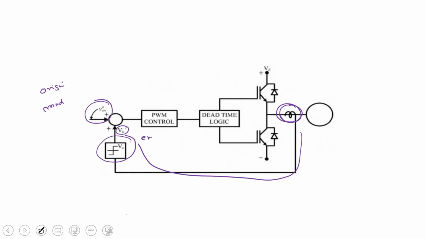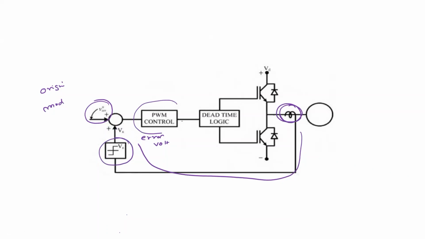This is the error voltage. For positive current, the voltage compensation is positive. For negative current, it will be negative. Based on that, whatever voltage was lost is compensated. This is the error voltage that is added.